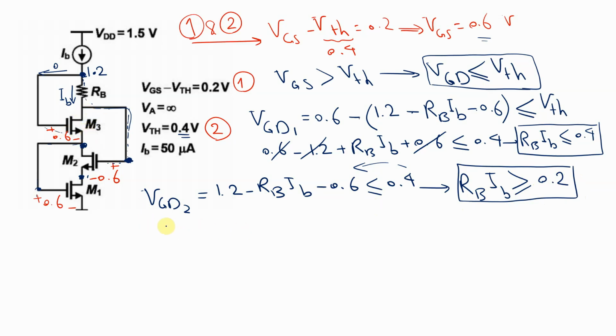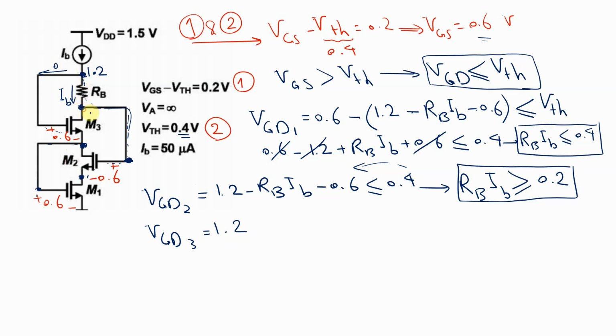How about the third one, M3? What is the gate-drain voltage of M3? This is the gate, which equals 1.2. Be careful, for every node you have to know the voltage of that node with respect to ground. So here I have to write 1.2 for the gate of M3. And how about the drain? Here this is the drain.